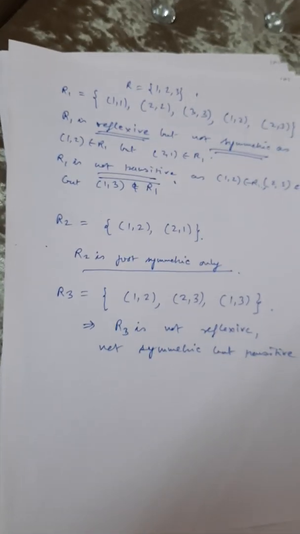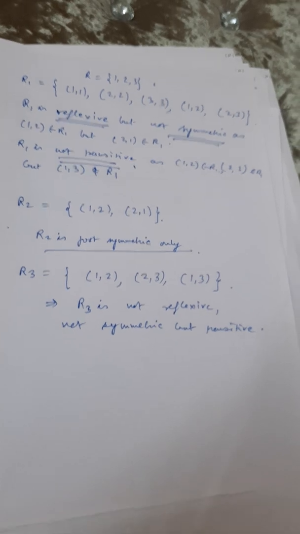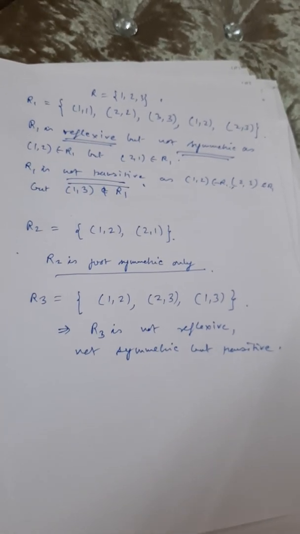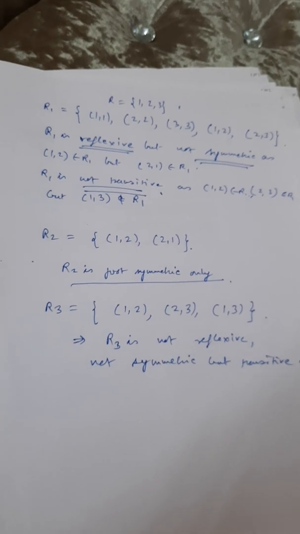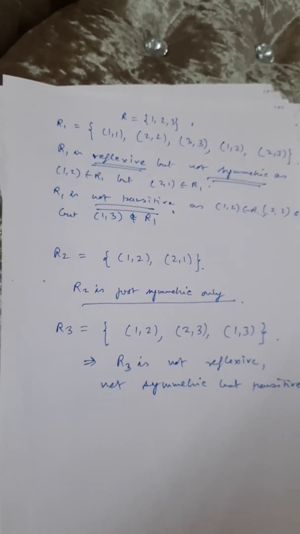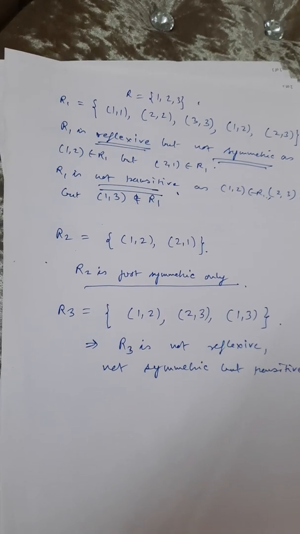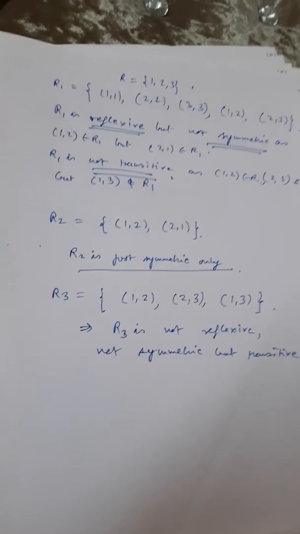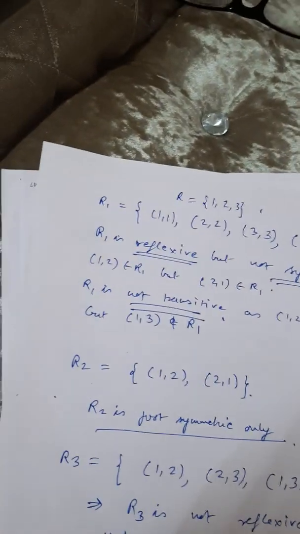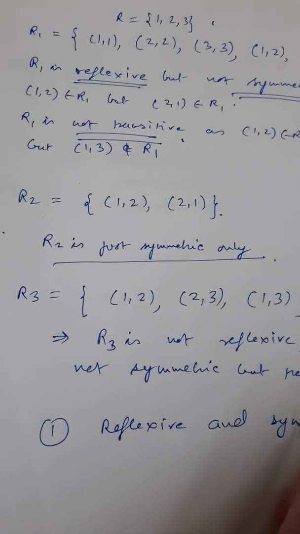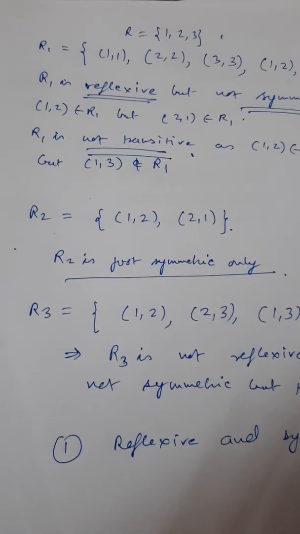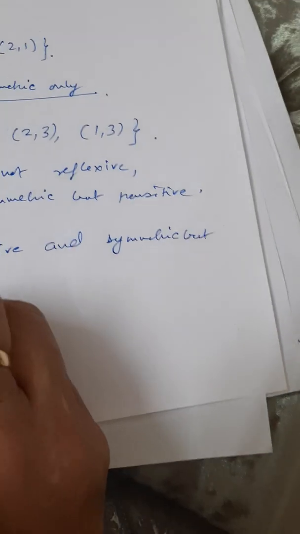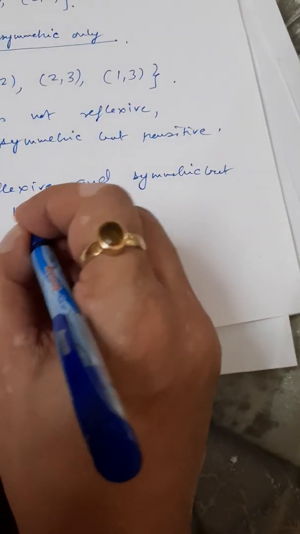Similarly, you can construct the relations. I give you an exercise, the relations which are reflexive and symmetric but not transitive, symmetric and transitive but not reflexive, and reflexive and transitive but not symmetric. Like this, three cases you can practice. I can write it out: first, reflexive and symmetric but not transitive.